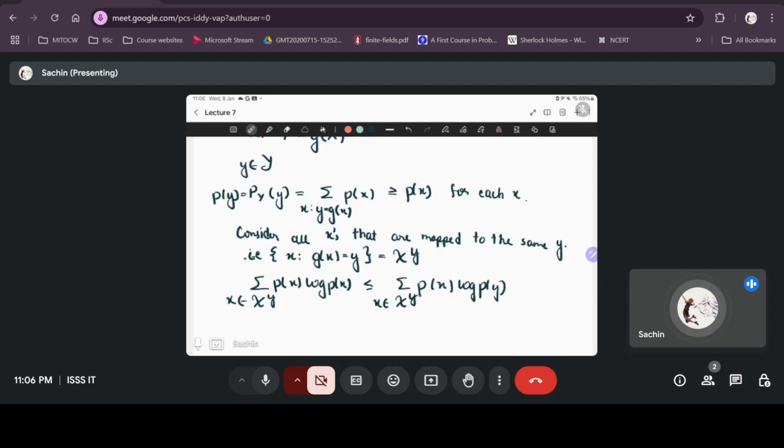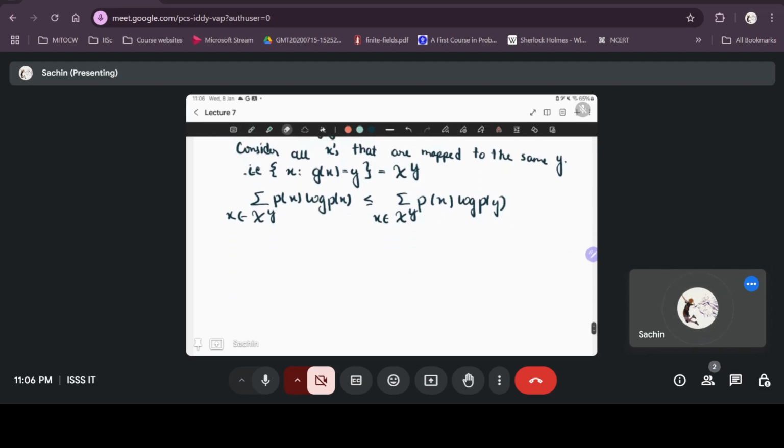If there are multiple x values that go to y with non-zero probability of occurrence, then the inequality is strict. So p of x will be less than p of y. In any case, log p of x is less than or equal to log p of y. So the summation of p of x log p of x will be less than or equal to the summation of p of x log p of y.